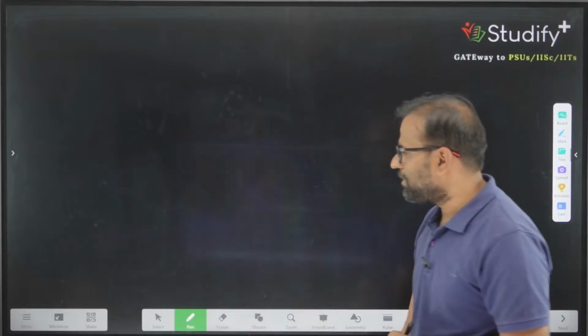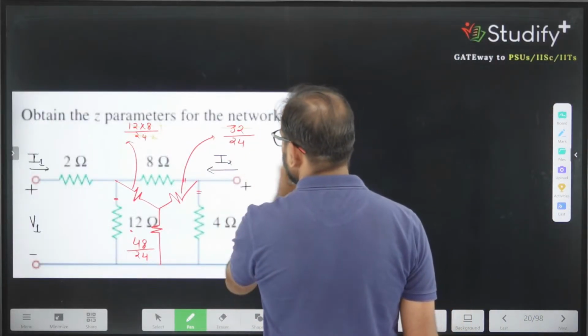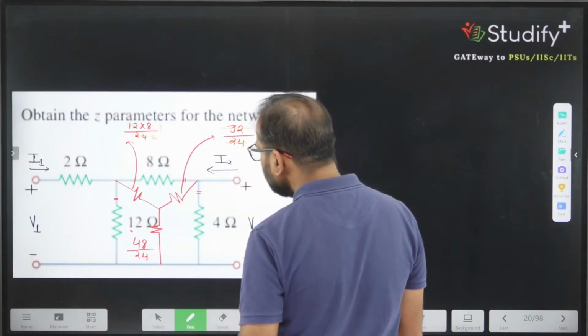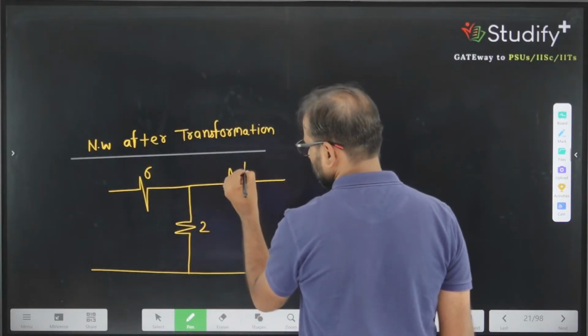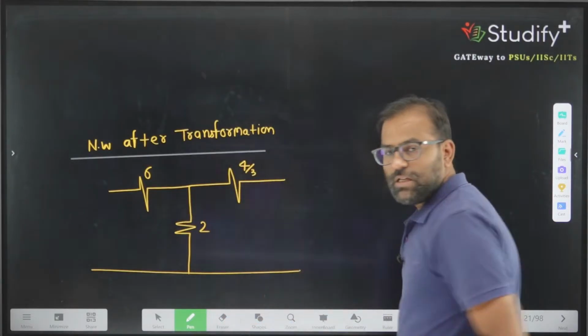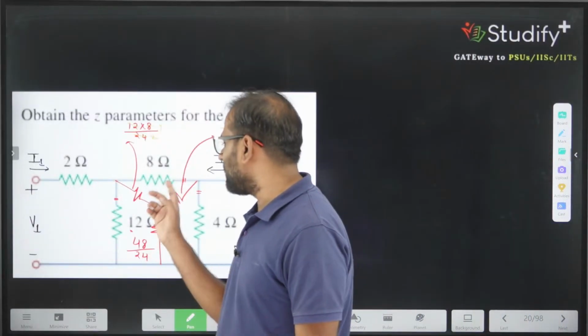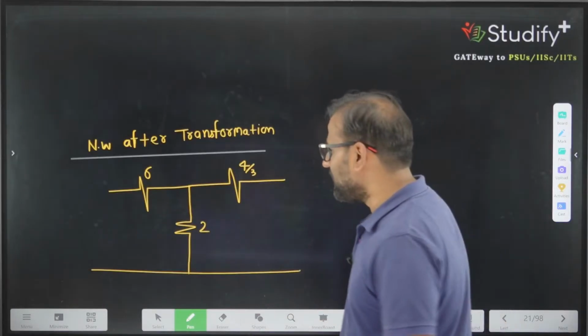What else are we having? We are having here 32 by 24, so this is 4 by 3 ohm. Now we have converted this whole network into one star network, one T section.